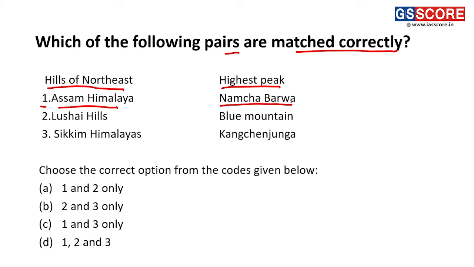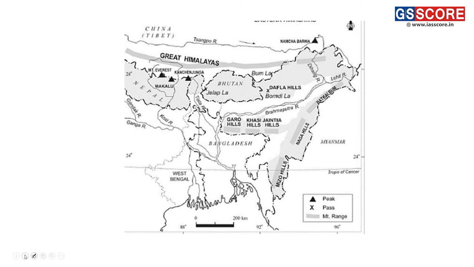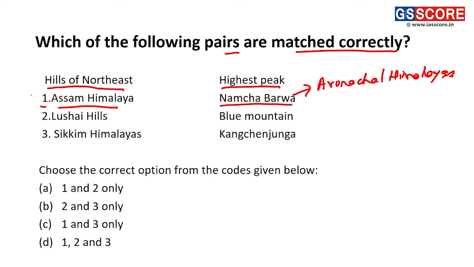Namcha Barua is present in the Arunachal Himalayas. If we look at the map here, we can see Namcha Barua is present here and is part of the Arunachal Himalayas, thus making statement 1 incorrect.